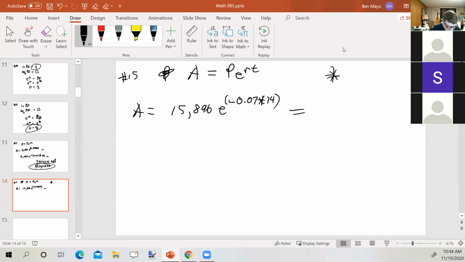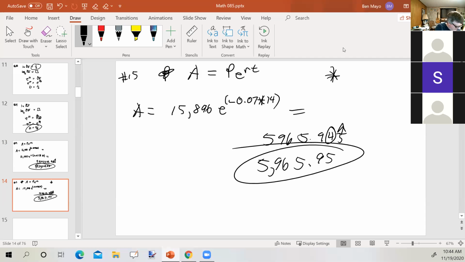So here again, 15,896 second e to the x, negative 0.07 times 14, and I'm getting 5,965.945, and the 5 in the 1,000th place would round up, so you'd end up with that. Okay, and that takes care of that person's answers.